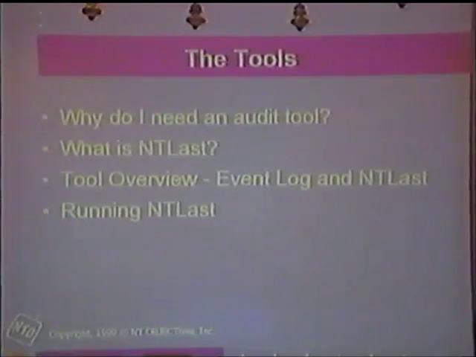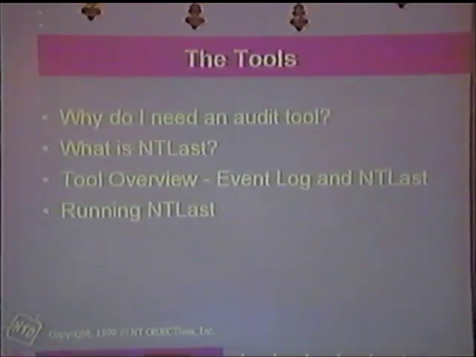Windows NT has a lot of great built-in audit facilities. However, it doesn't have a lot of good tools for looking through those logs. So I wrote this little tool called NTLast. I totally snarfed it from the Unix last. Any Unix people here will be totally familiar with it. However, it's pretty new to NT people.